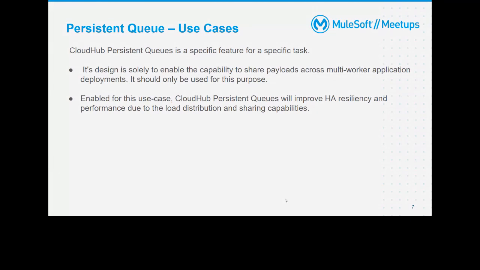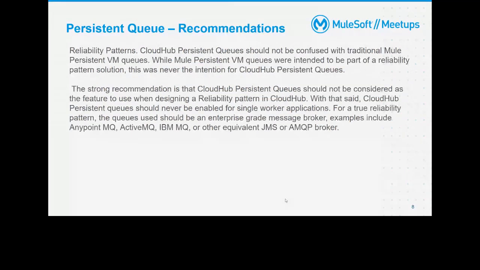Somebody may consider a persistent queue as a reliability pattern. But the reliability pattern is something different. Reliability pattern means persistent delivery or guaranteed delivery, which ensures that the message is delivered 100%, with zero loss of message. That is the reliability pattern. But persistent queue is something different. So persistent queue should not be considered as a reliability pattern.